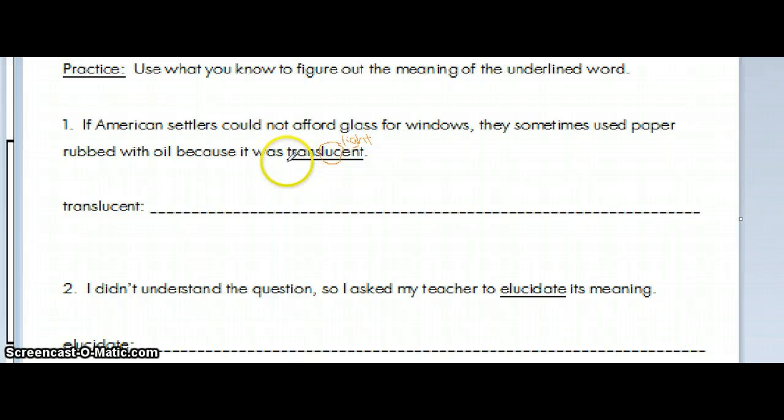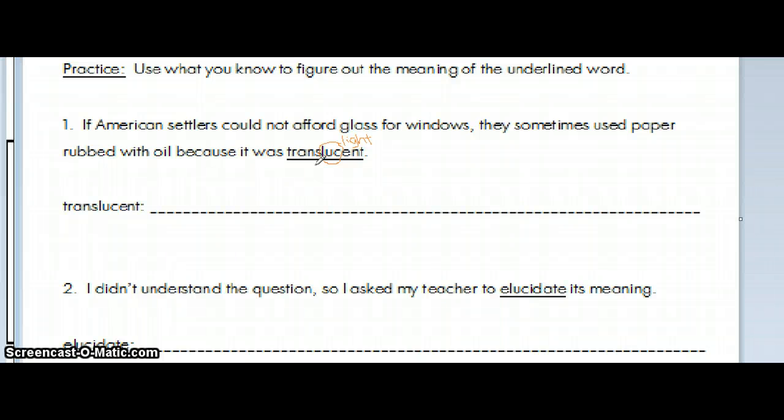I'm going to move right on to that plug-in strategy by covering this up and plugging in another word that would make the sentence make sense. So, let me read the sentence again. If American settlers could not afford glass for windows, they sometimes use paper rubbed with oil because it was... Well, in this sentence, the settlers are trying to put something in their windows.